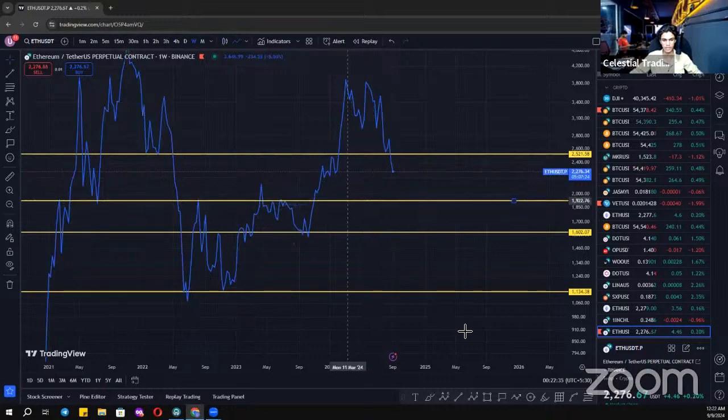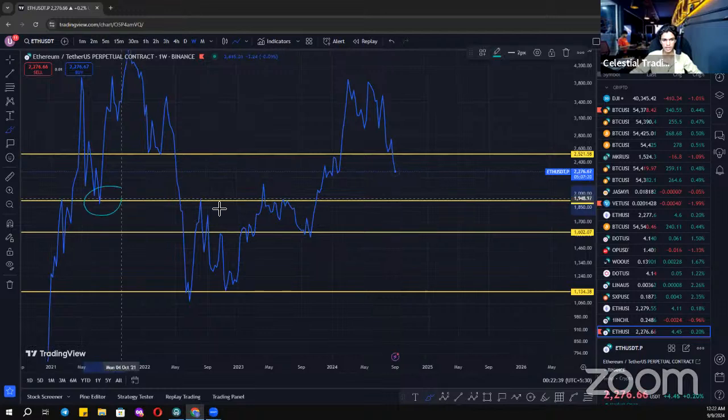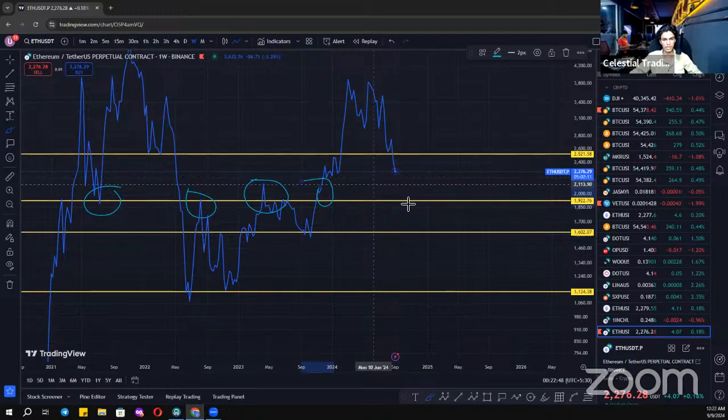You see we have one single touch over here, and the second one, and we have a third one and fourth one, and we have a fifth one here. The market tends to break this also. We can expect that to happen. The market does that only.